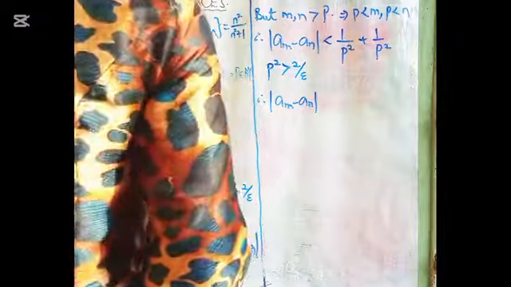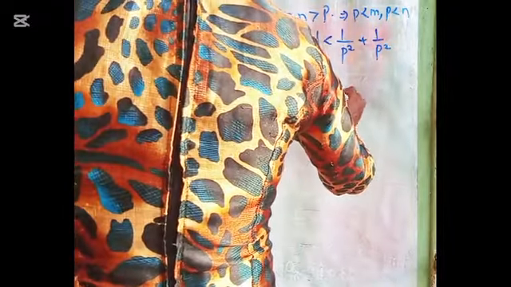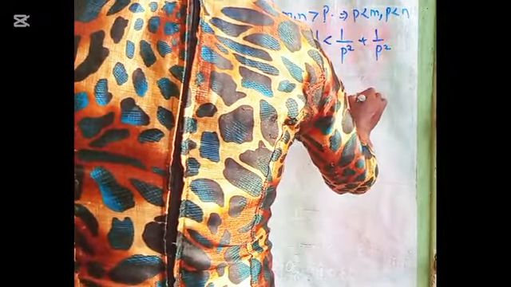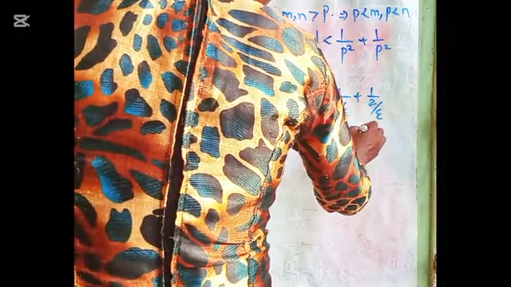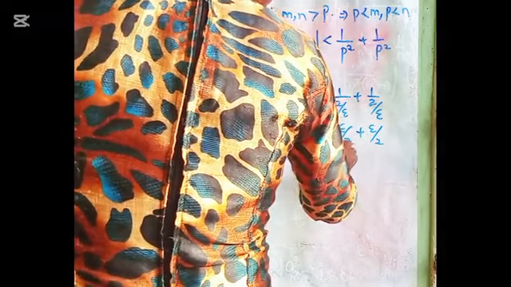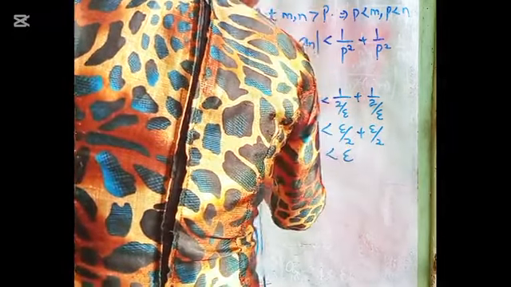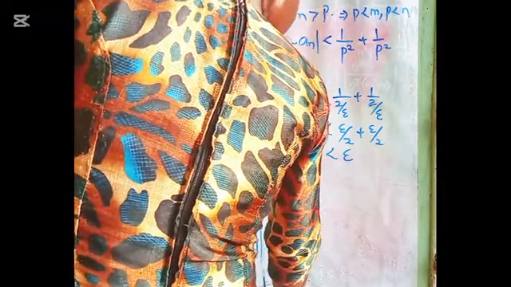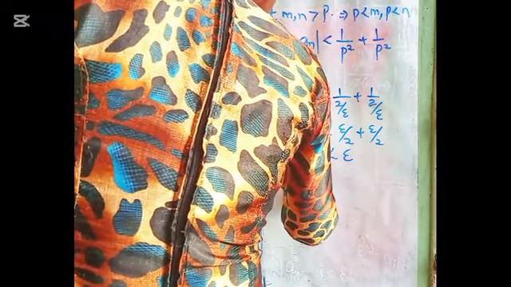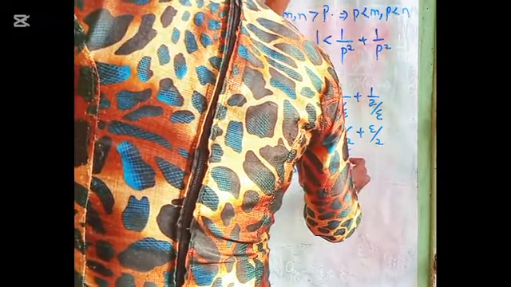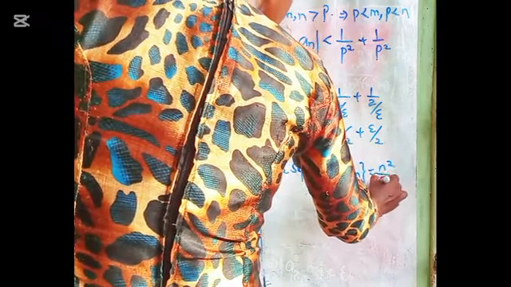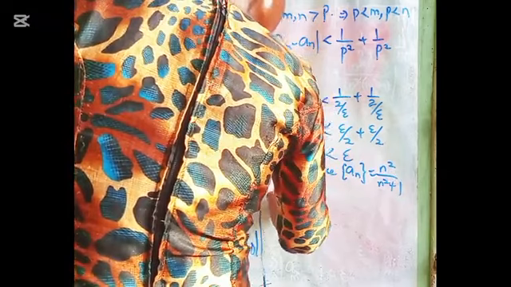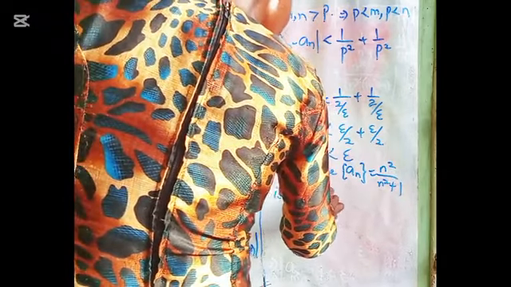Therefore, this is less than 1 over 2 over epsilon plus 1 over 2 over epsilon. And that is less than epsilon over 2 plus epsilon over 2. That is less than epsilon. Therefore, the sequence a sub n equals n squared over n squared plus 1 is Cauchy.